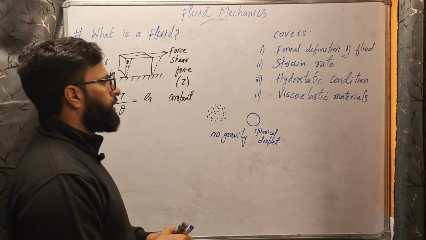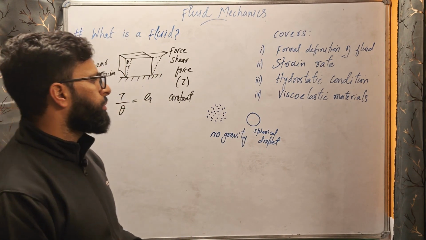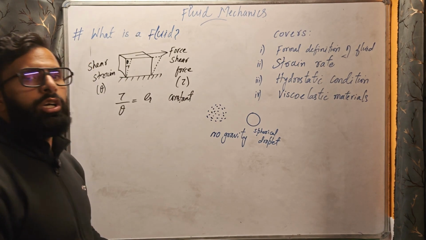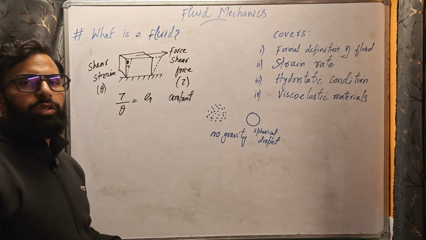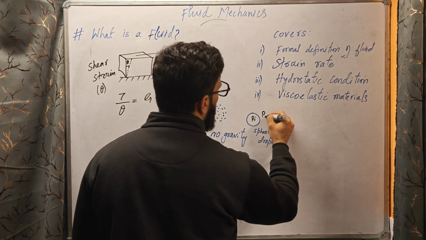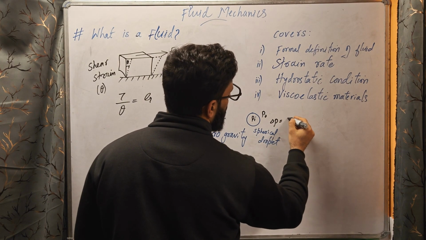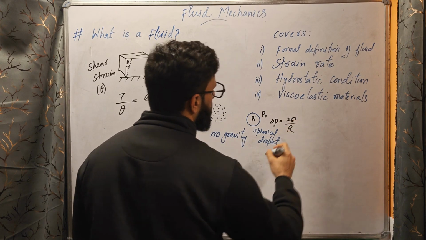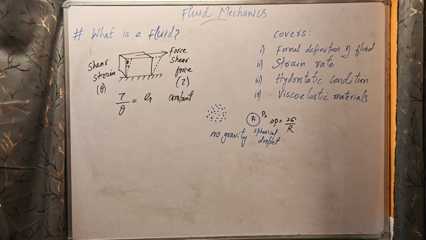And we know there will be a pressure difference across it because of the surface tension, because liquids have strong intermolecular force of cohesion, and the pressure inside minus pressure outside will be 2 sigma by r, where r is the radius and sigma is the surface tension.